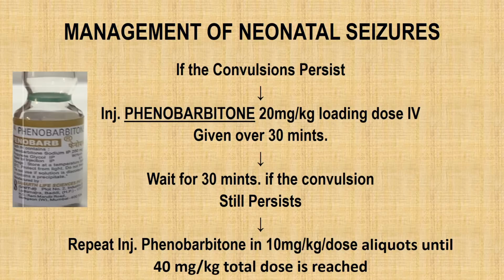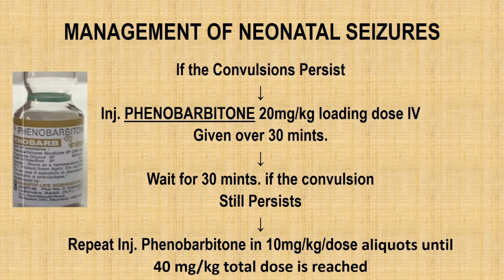So after doing a 1:9 dilution, weight equal to the ml will be the loading dose. So 20 milligram per kilogram will be the loading dose, should be further diluted in normal saline and given very slowly over a period of at least 30 minutes or up to 60 minutes. And we have to observe or wait for at least 30 minutes.